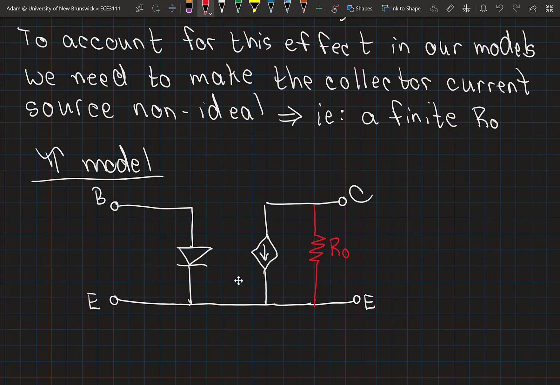Okay, and that output resistance is calculated as the early voltage divided by the collector current at our operating point.